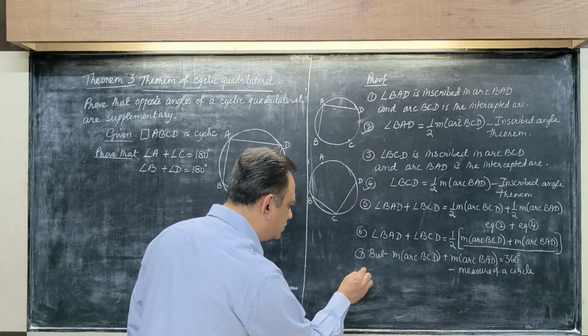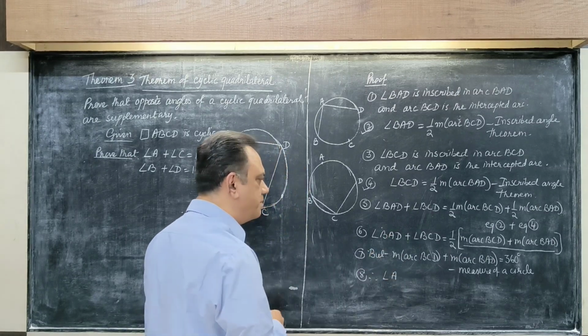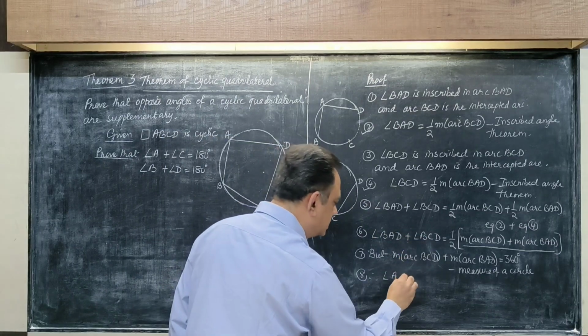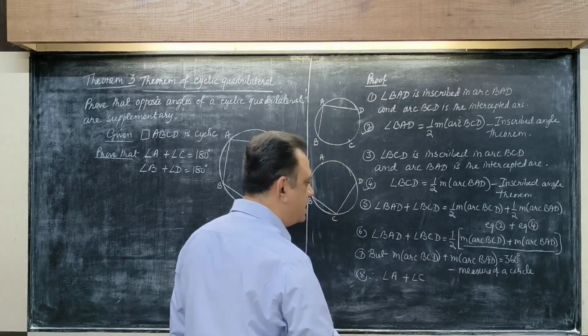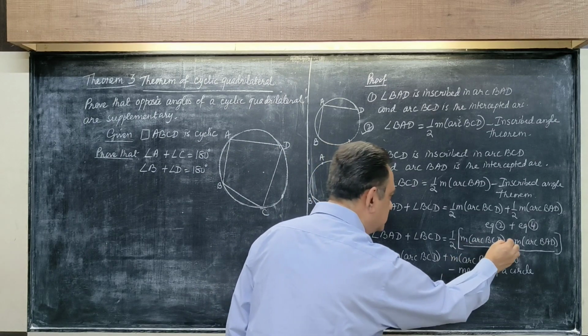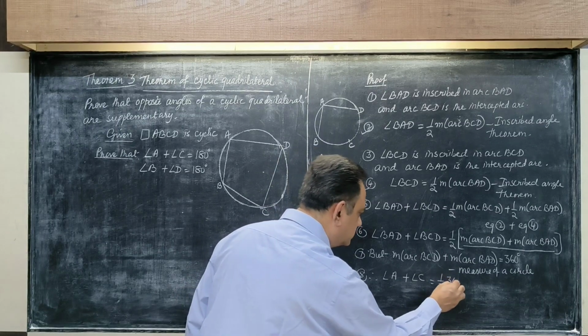And here I'll just write angle A instead of angle BAD, and instead of angle BCD, I can write just angle C. Half, and what is measure arc BCD plus measure arc BAD from the 7th step? 360 degrees.